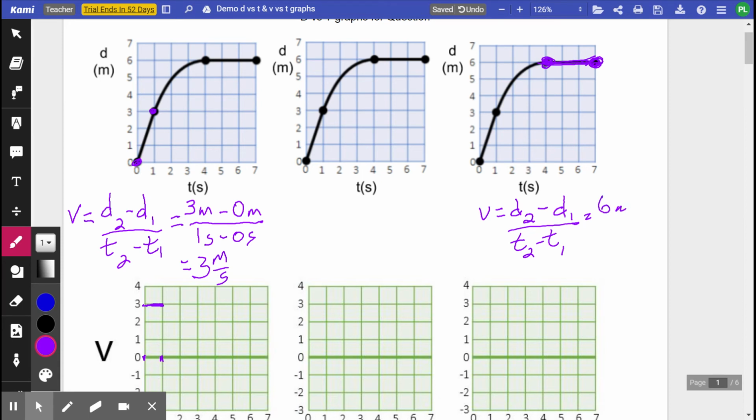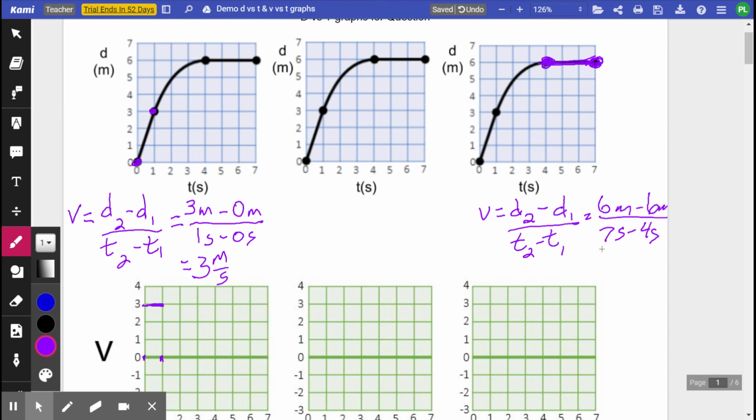So I can say 6 meters minus 6 meters. That goes on top. And then on the bottom, t2 minus t1. Well, t2 is 7 and t1 is 4. So I can say 7 seconds minus 4 seconds.